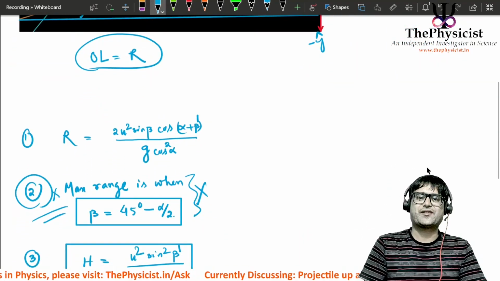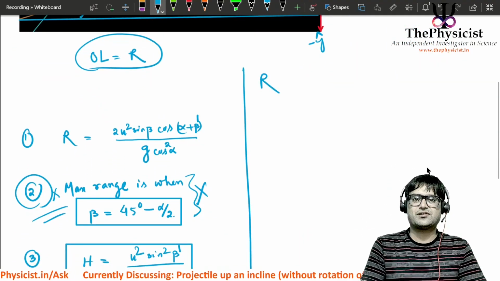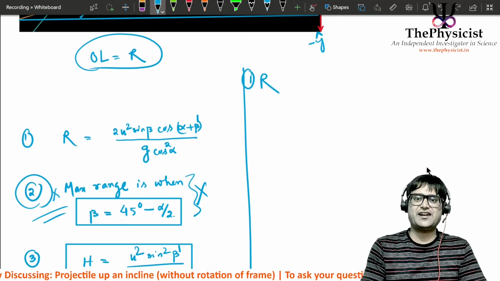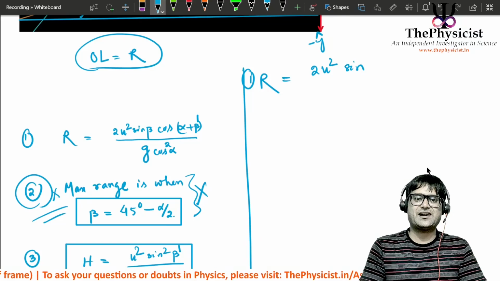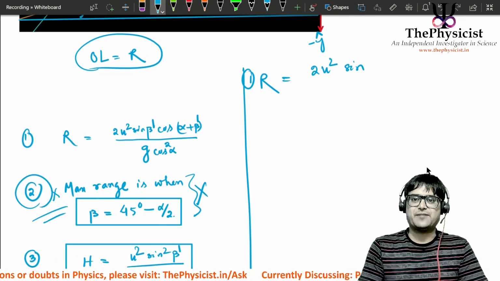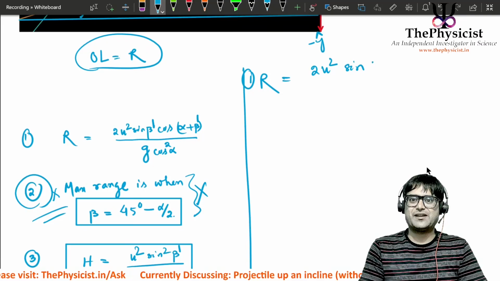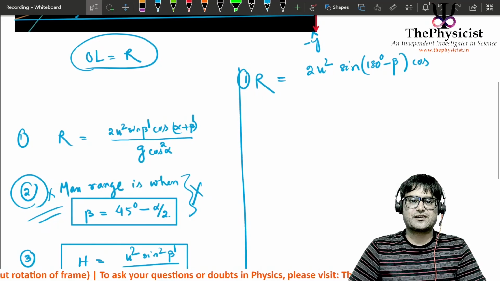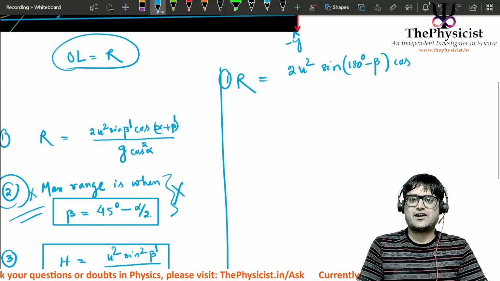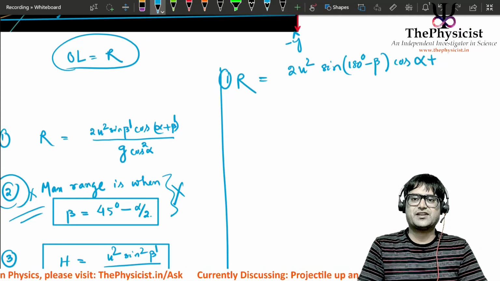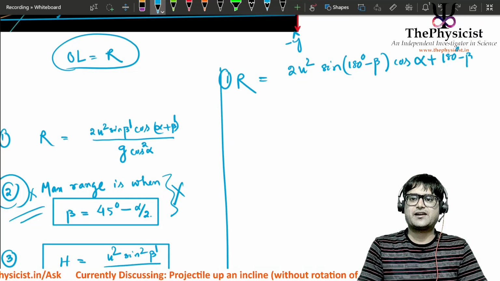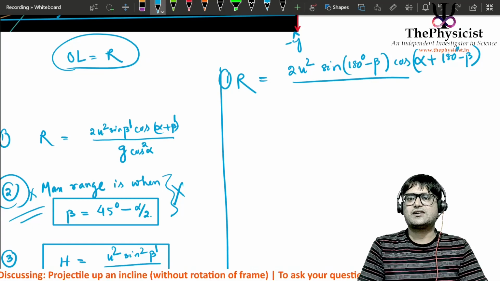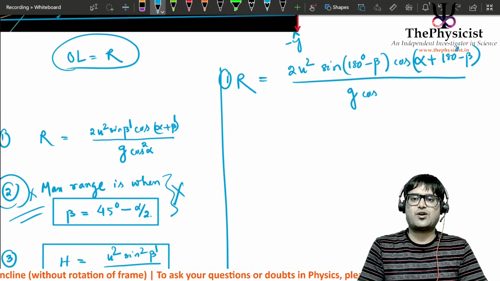So now, first, the range for down the incline direction will be 2u squared sine of, instead of beta, yeah, this is beta dash, we should have changed that, sine beta dash, but beta dash is simply 180 degrees minus beta, then cosine of alpha plus, instead of beta dash here I will write 180 degrees minus beta, the entire thing that you divide by g cos square alpha.